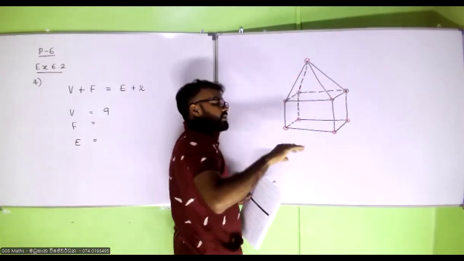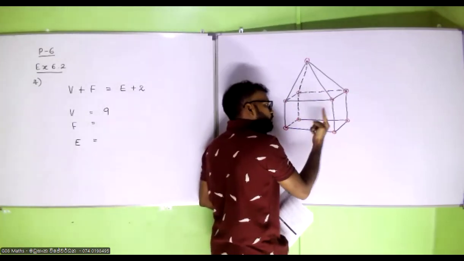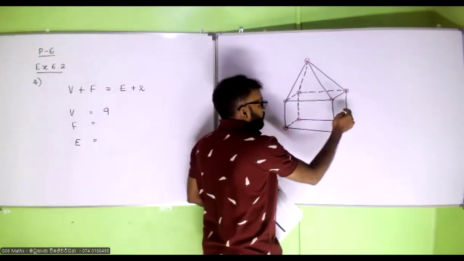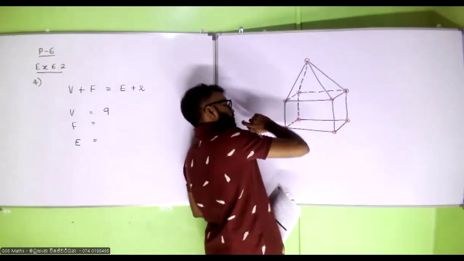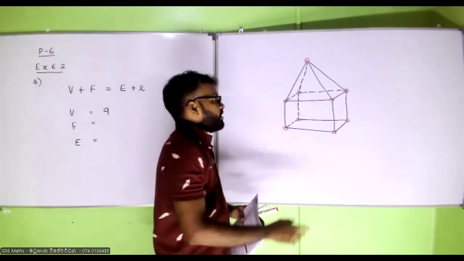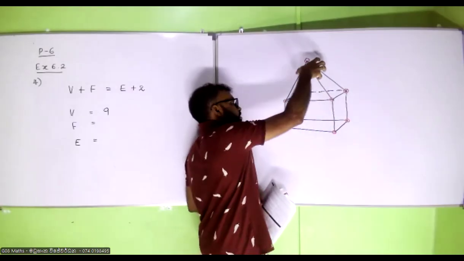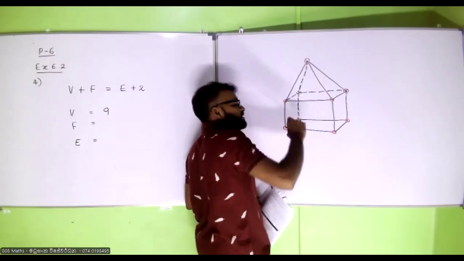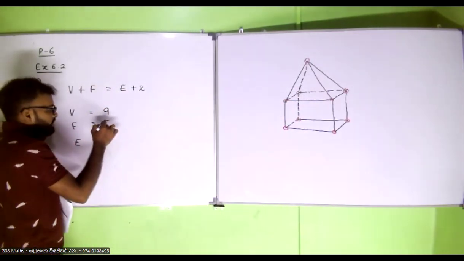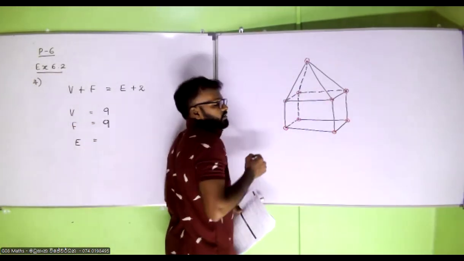Right? On top of this, we have 4 faces. And in the cube we have 5 faces: 1, 2, 3, 4, and the below one is 5. Right? So 5 plus 4 is 9. Altogether, we have 9 faces for the composite solid.